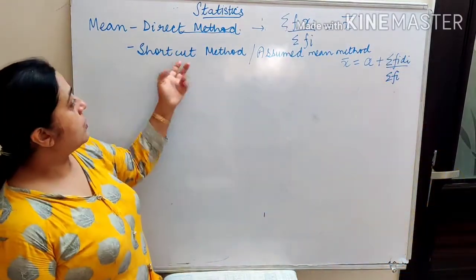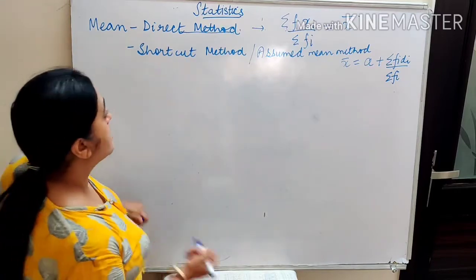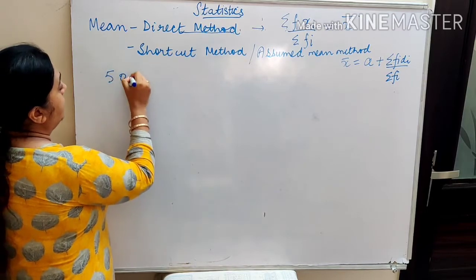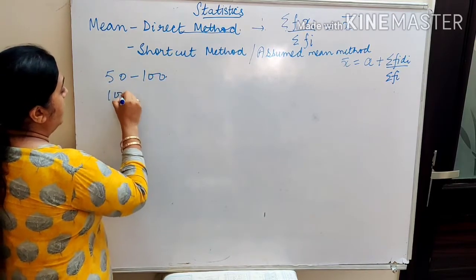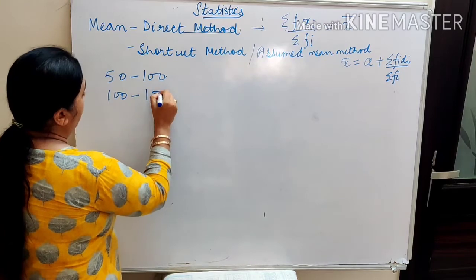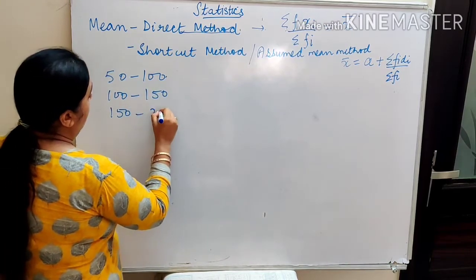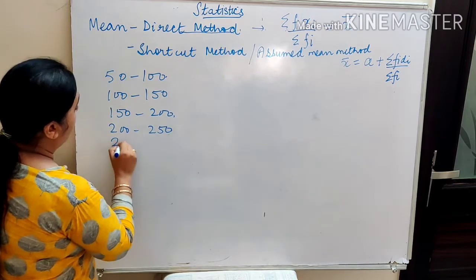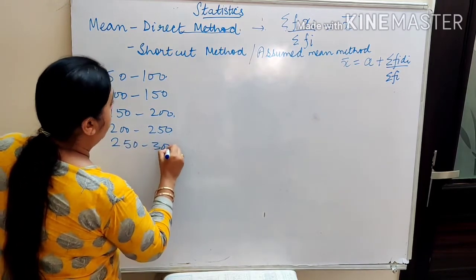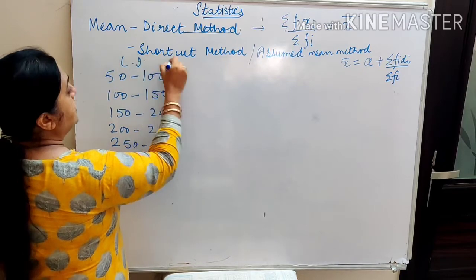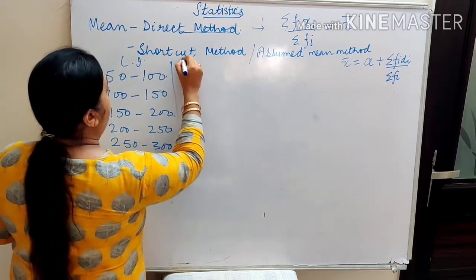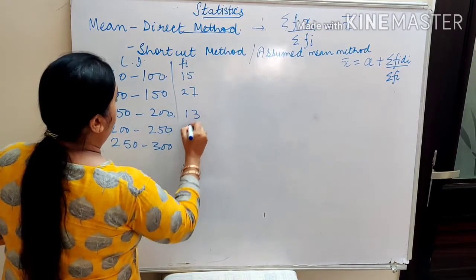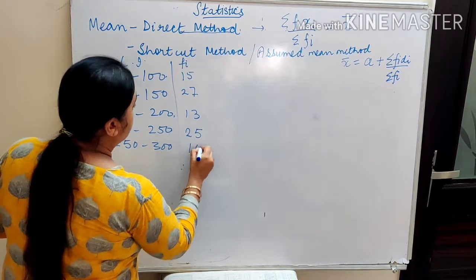Now over to shortcut method again, or it is also known as assume mean method. Let us take 50 to 100, 100 to 150, again 150 to 200, 200 to 250, 250 to 300. This is the class interval. I have fi 15, 27, 13, 25, 10.